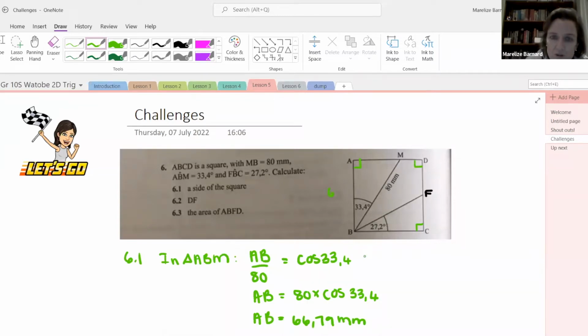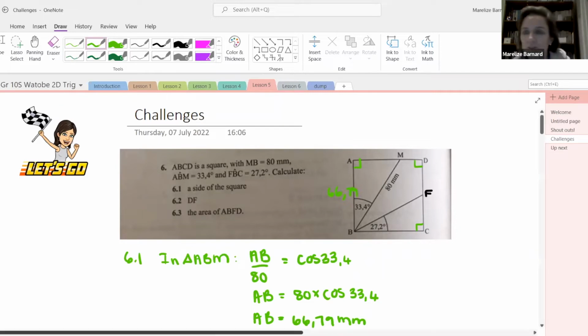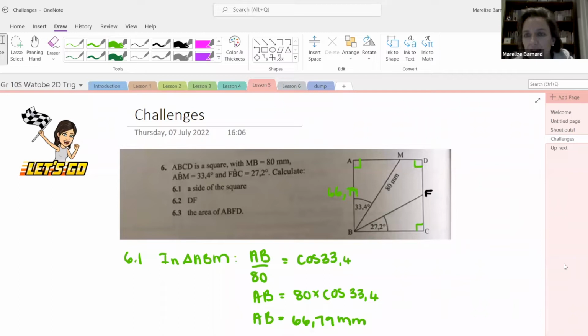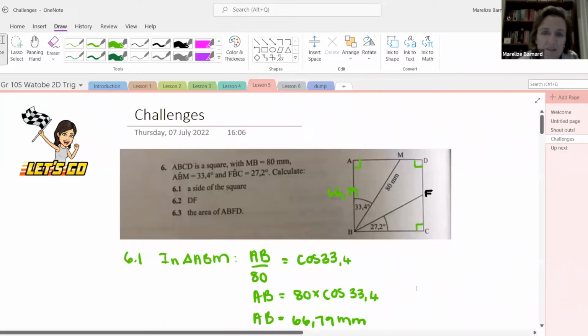Remember to transfer the things that you find onto your sketch so that you now know that it's there. Well done, Yenzi and Sia. Tiamo, everyone. Nondumiso, Monica, Namakle, Ukobo, Ratilwe, everyone getting 66.79. Well done.